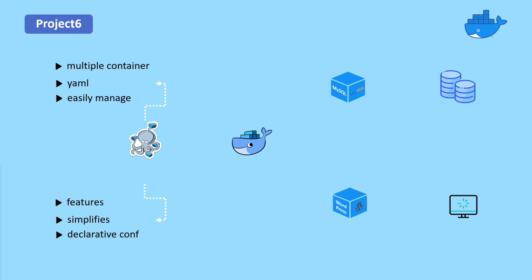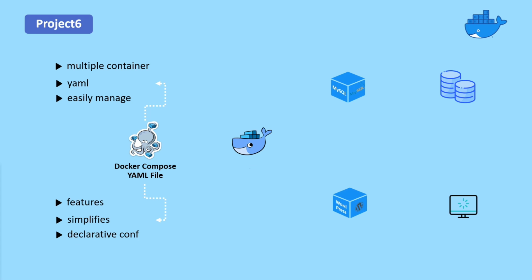Overall, Docker Compose simplifies the deployment and management of complex Docker applications by providing a declarative configuration file that defines the entire application stack. So let's go through each process in more detail. The first is the Docker Compose YAML file. This file defines the multi-container application and its configuration, including the services, images, volumes, and environment variables.